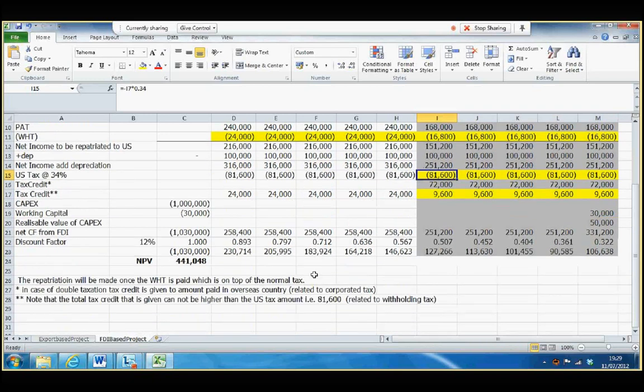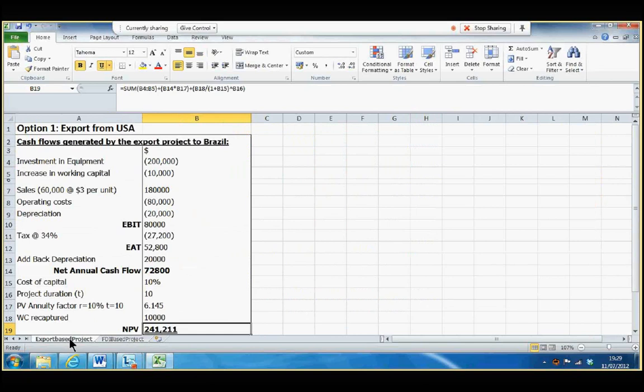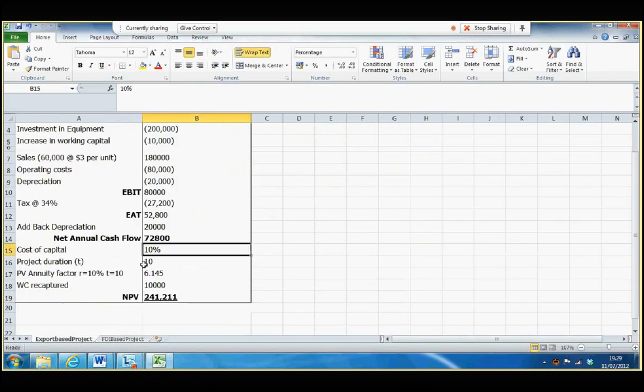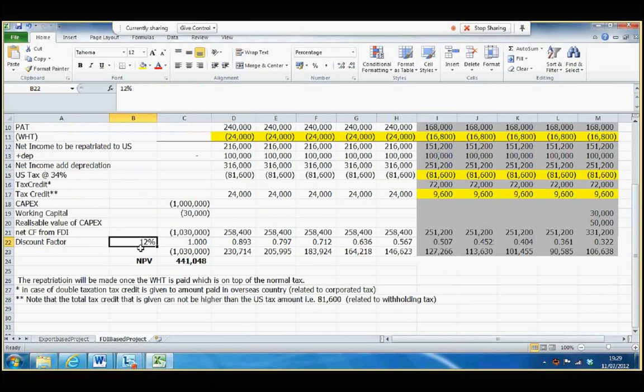After that, one important rate which is different in these two options is the cost of capital, which is 10% for the export-based project and 12% for the foreign direct investment project.